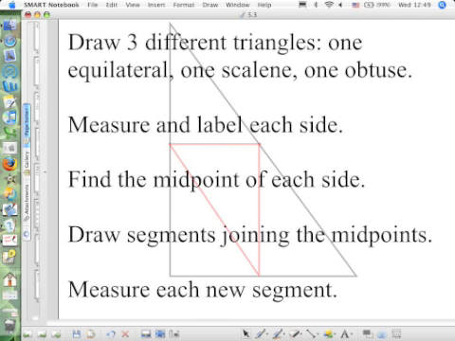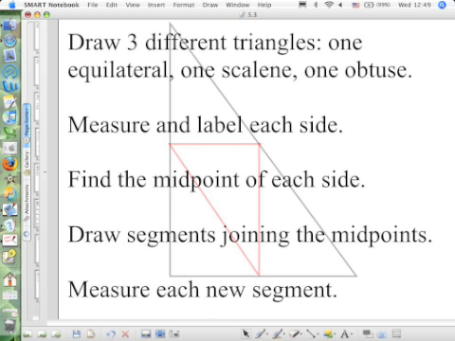Now that you have your 3 midpoints, I want you to connect them using line segments like this and draw a triangle within your triangle. Once you've joined your midpoints, measure each new segment.